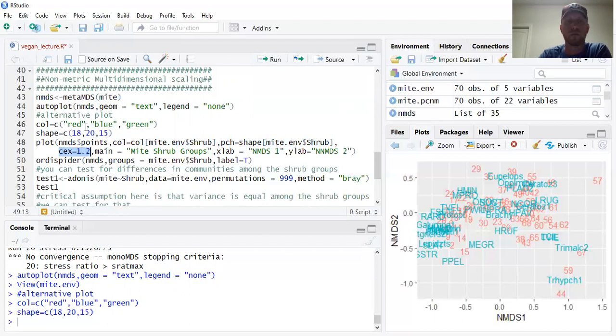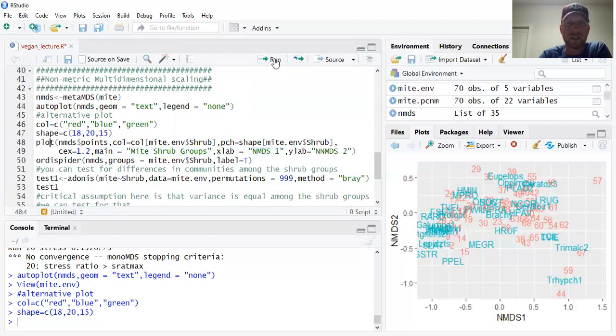What this does is multiply the text by 1.2, so it's going to make it 20% larger. We can use main equal to, with quotations around mite shrub group. That's just the main title of the plot that we're going to create. xlab is the x label, so we'll call that NMDS1, and ylab is the y label, so we'll call that NMDS2.